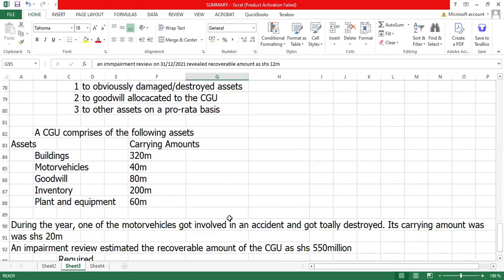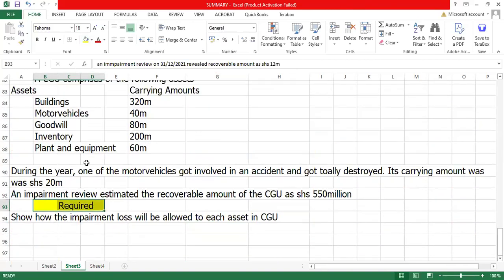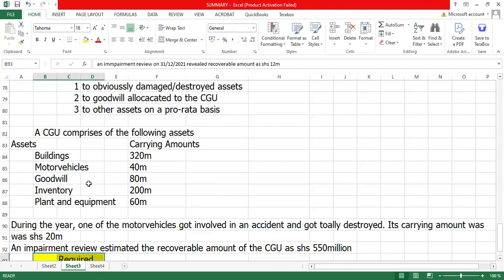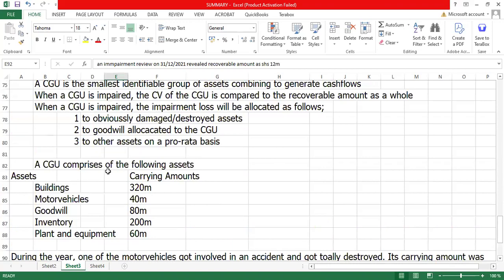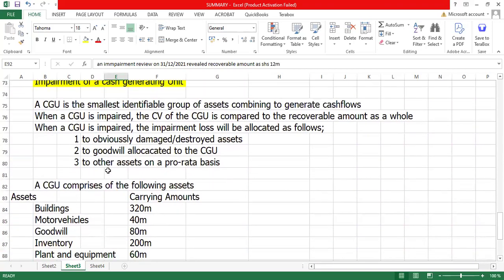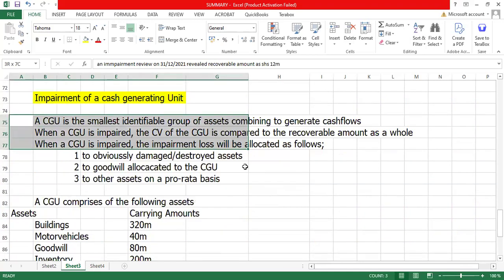So how do you handle this? In an example, you first write something about what the CGU is.